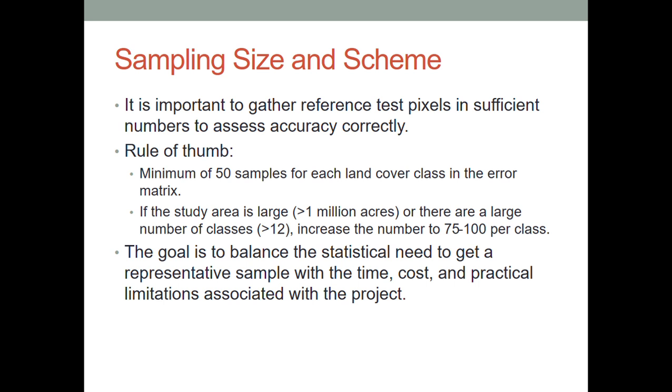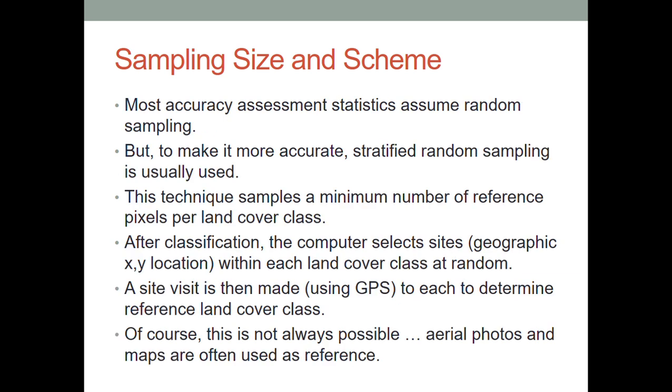So if you have a smaller area with about 5 classes, 50 samples for each class times 5 will be about 250 points, or else it will be much higher. The goal is to balance the statistical needs of a representative sample with the time, cost, and practical limitations associated with the project.